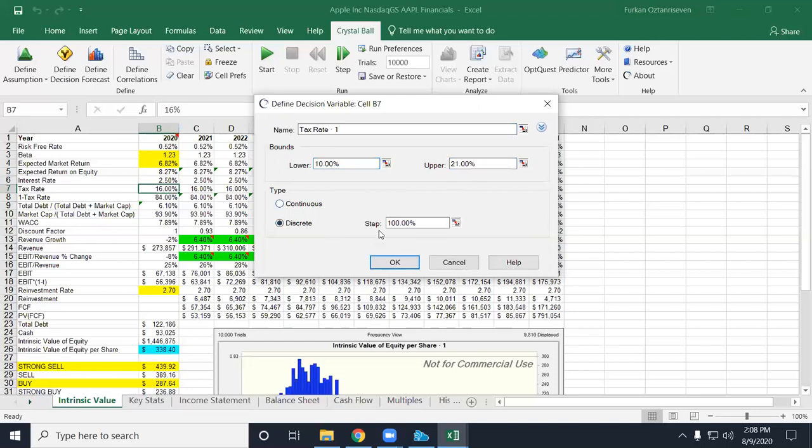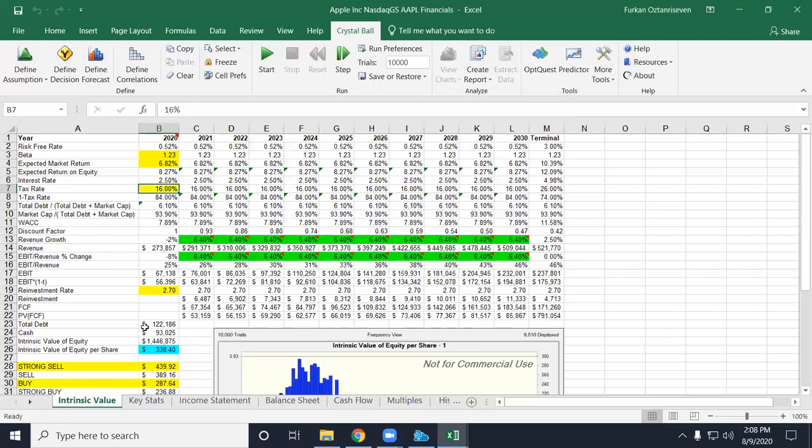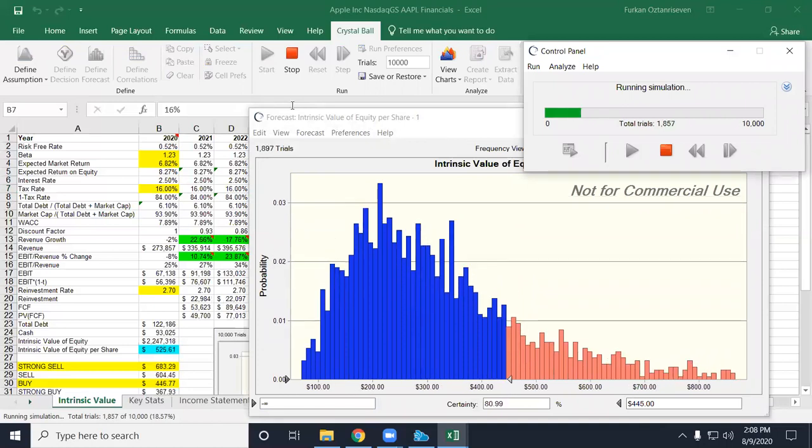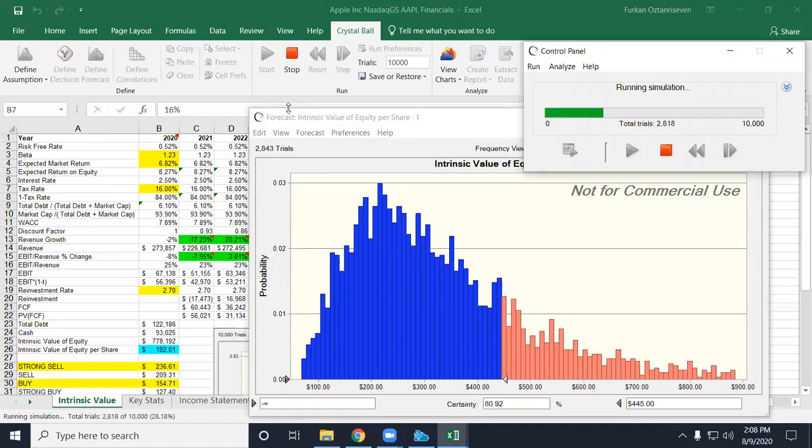And let's go in increments of, again, 1% at a time. Click OK. So I defined 4 decisions. All right, so now I would like to run this model for 10,000 simulations.